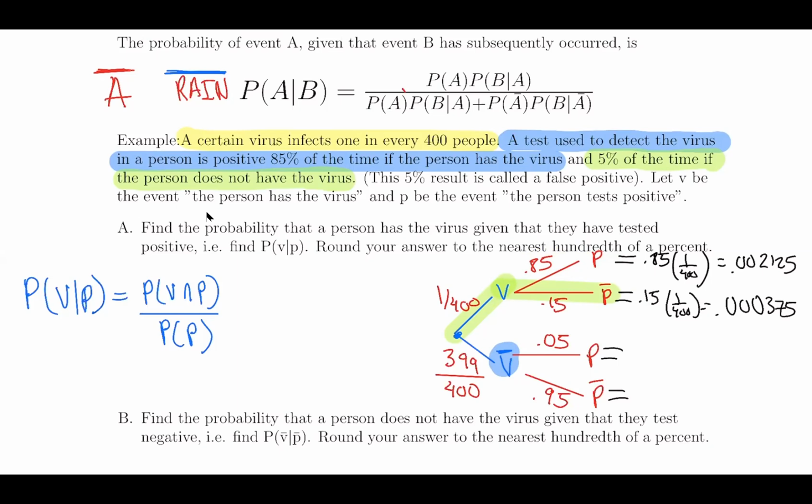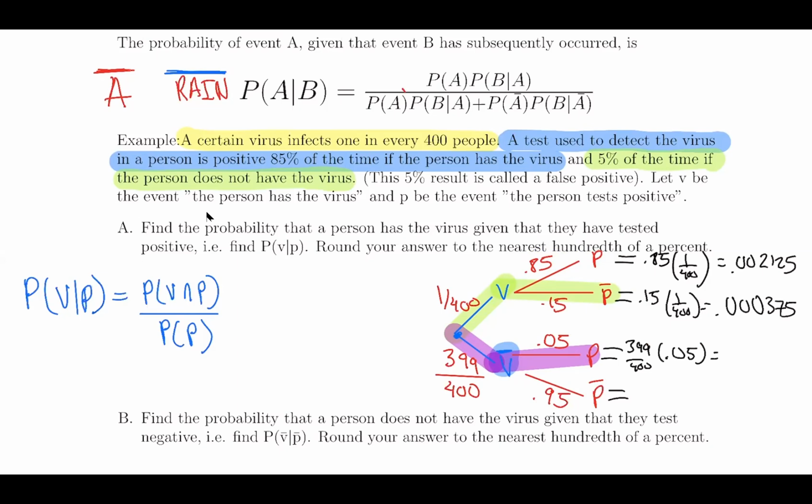All right. So up next, we're going to do this next branch. The next branch is people who don't have the virus, but they tested positive. To find that probability, we get 399 over 400 multiplied by 0.05.